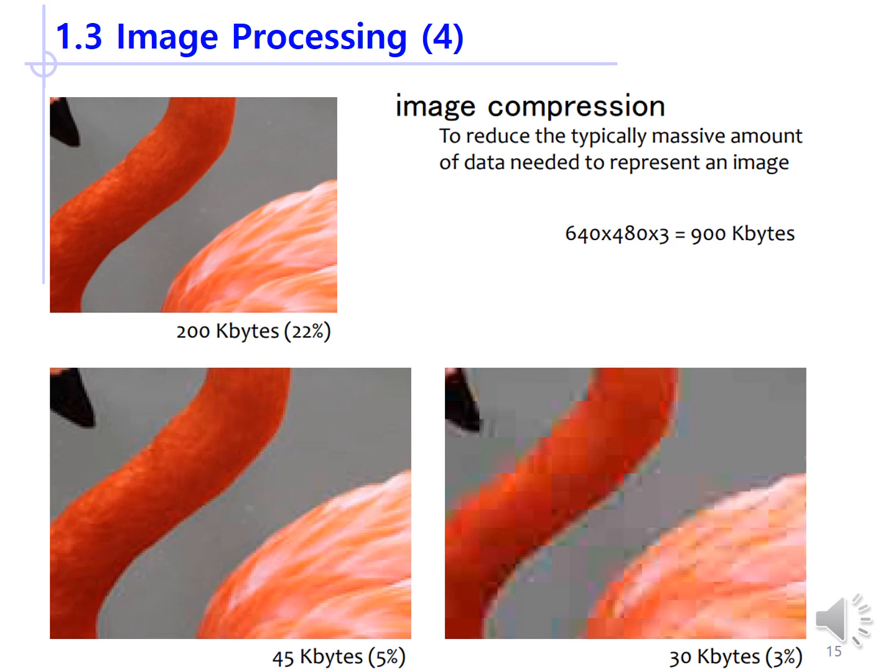By applying image compression, it is compressed to 22% of the original image size, resulting in an image of 200 kilobytes. This image is 5% of the original image, and the size of this image is only 3% of the original image.